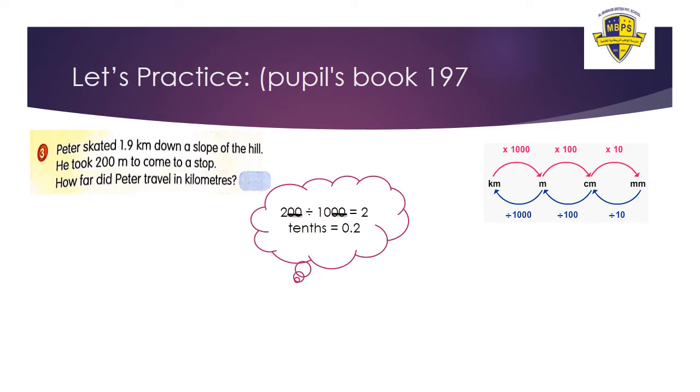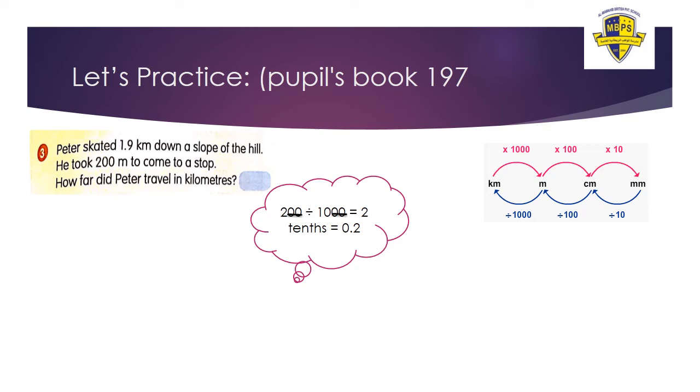So we have two numbers and we want to add these two numbers. 1.9 kilometers plus 200 meters. But before we add, both numbers should have the same unit. And the question tells us that they want the answer in kilometers, so we have to convert 200 meters to kilometers.